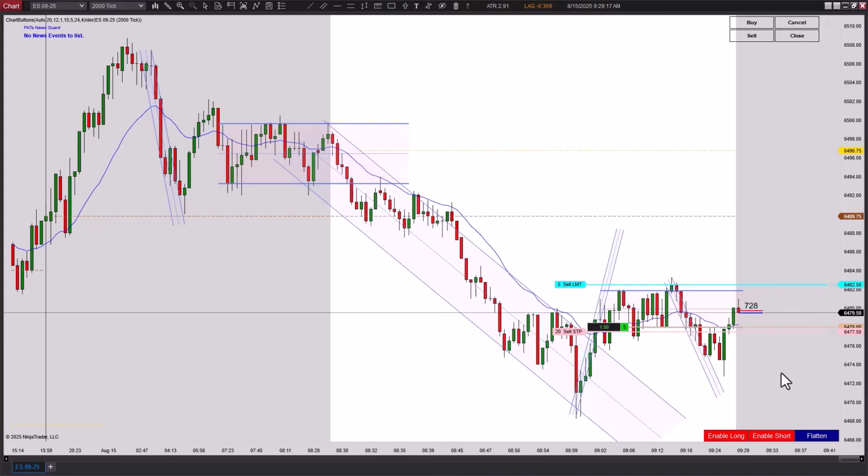All right. I think I move it up one tick below this bar when it completes. I can't remember how many ticks that gave me, but it gives me a couple of ticks of profit.